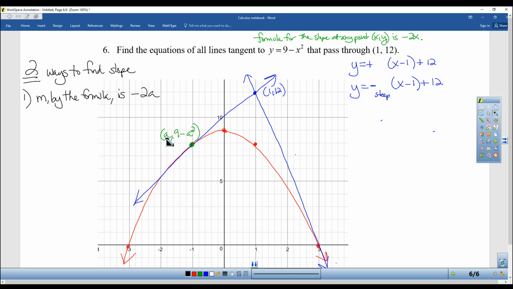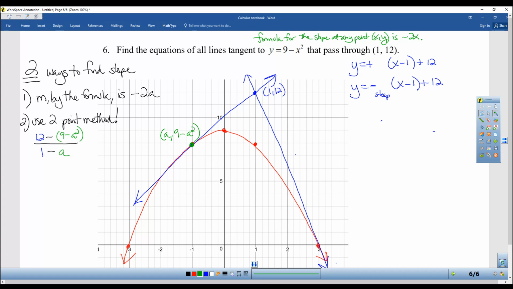So at point a, it's actually going to be -2a. But two, you can still use the 2-point method. Don't forget that. That's still a thing. So we can do 12, I'm going to put it in blue for you, minus, what's the y value there? 9 minus a squared, all over 1 minus a.